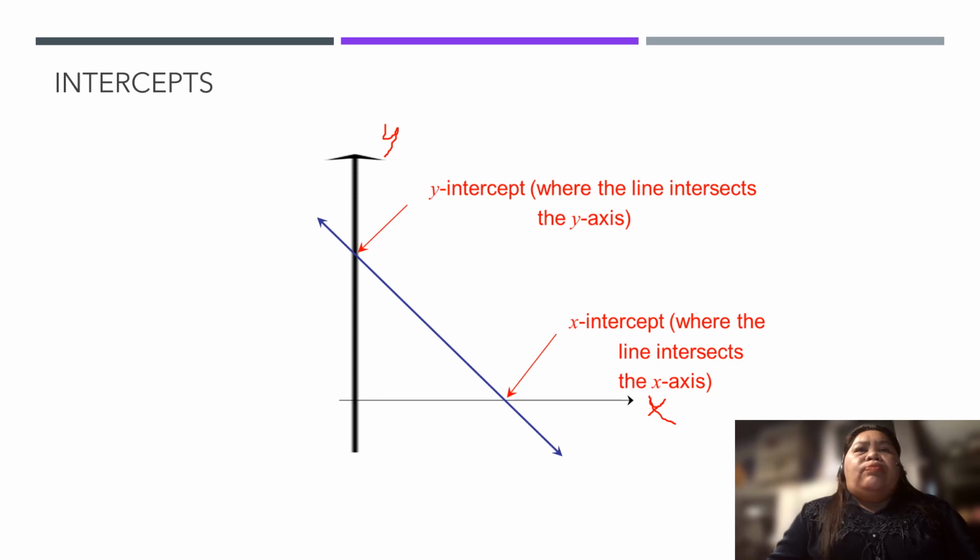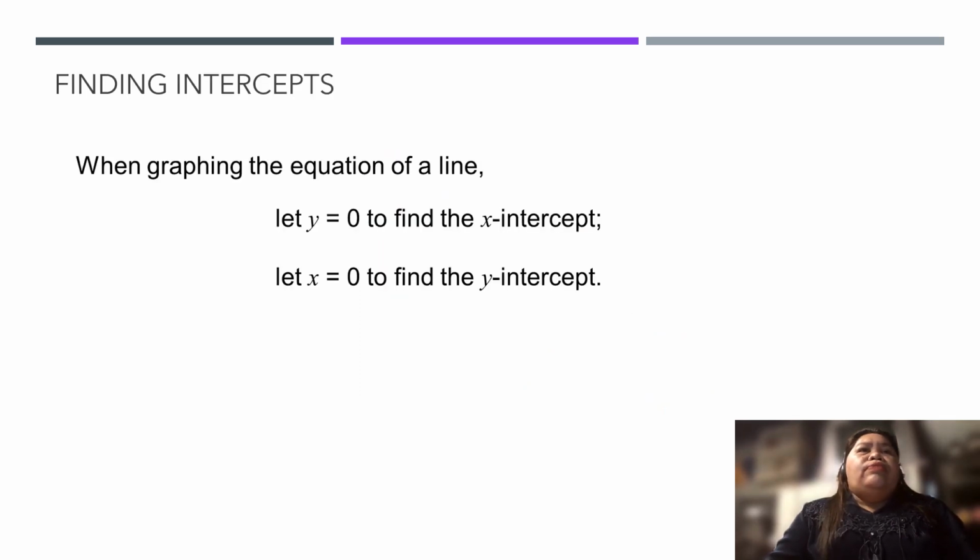The y-intercept is where the line intersects the y-axis, and the x-intercept is where the line intersects the x-axis. In finding the intercepts when graphing the equation of the line, let y equal 0 to find the x-intercept, and let x equal 0 to find the y-intercept.